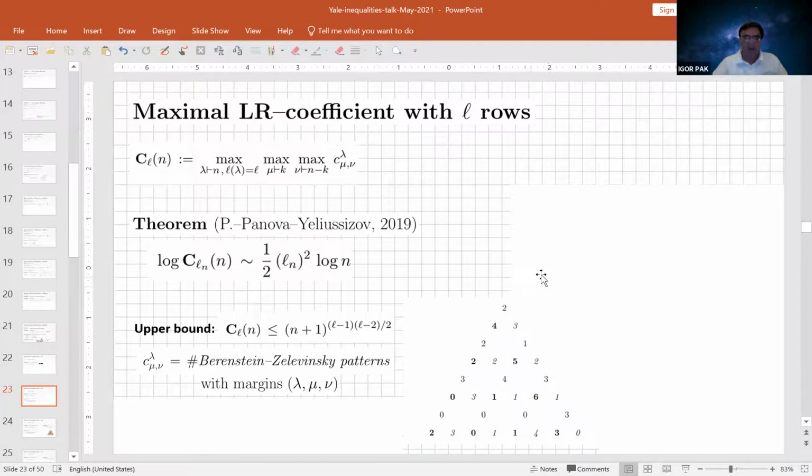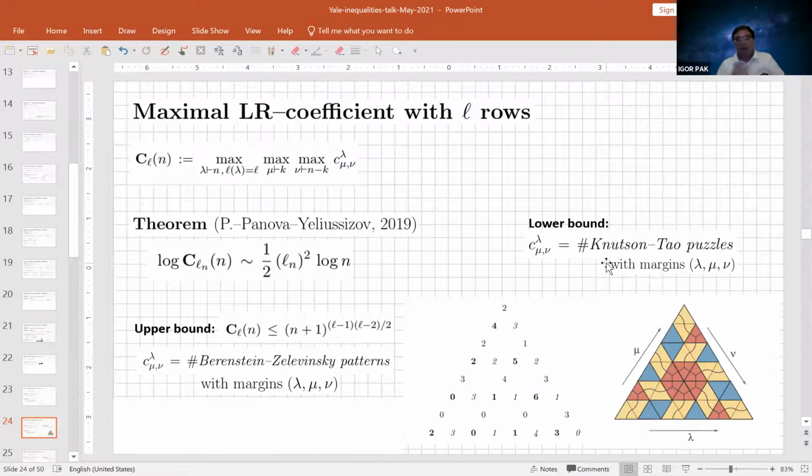for the maximal Littlewood-Richardson coefficient, and the lower bound uses a completely different combinatorial interpretation using Knutson-Tao puzzles with marginals lambda, mu. I thought this is the most symmetric version you can have. This particular one corresponds to c of 3,2,1 with 3,2,1 and 3,2,1. It turns out there is a combinatorial interpretation using pieces or tiles which you can put together so that they match along the curves.